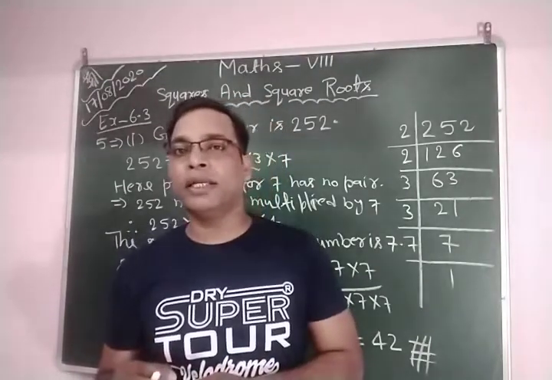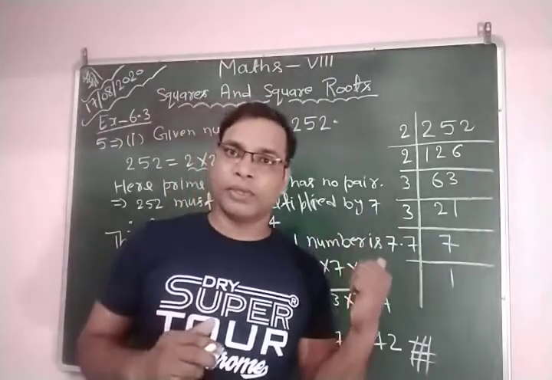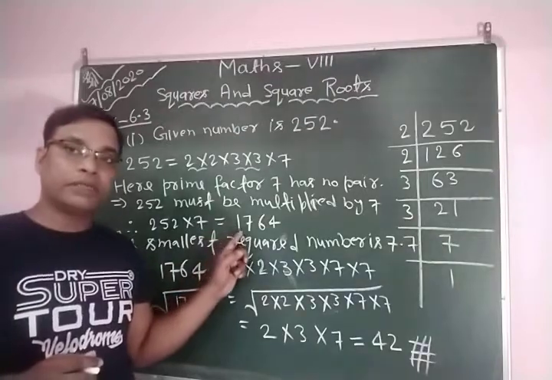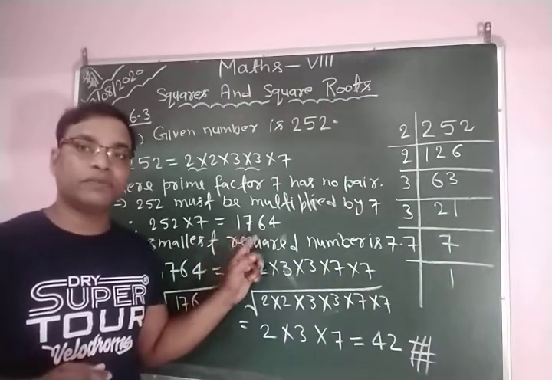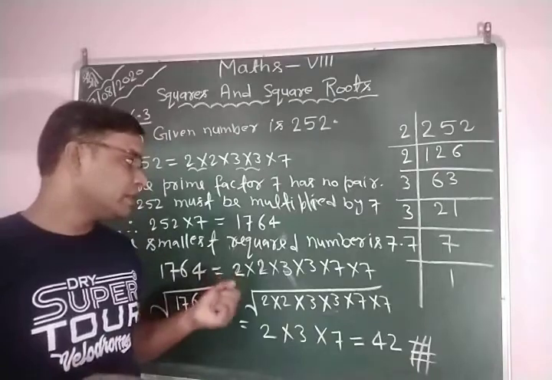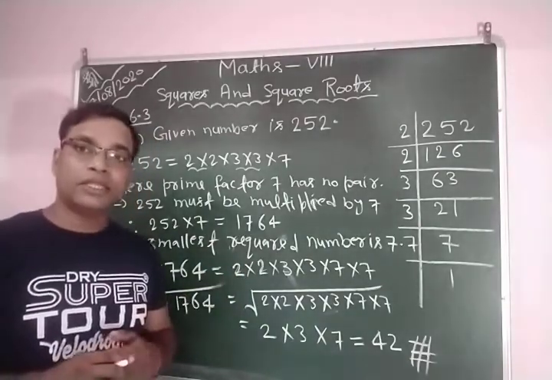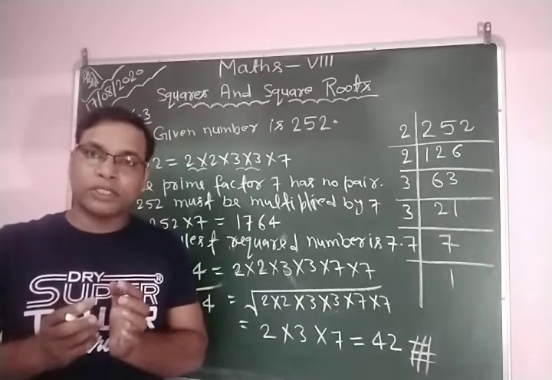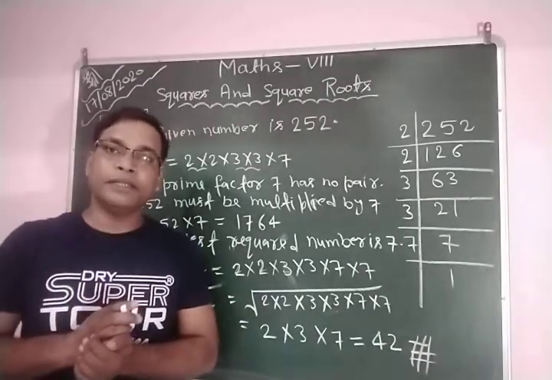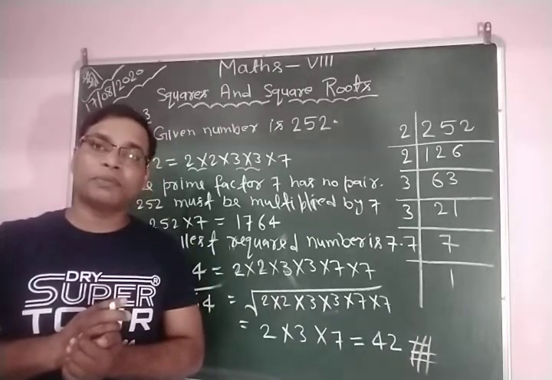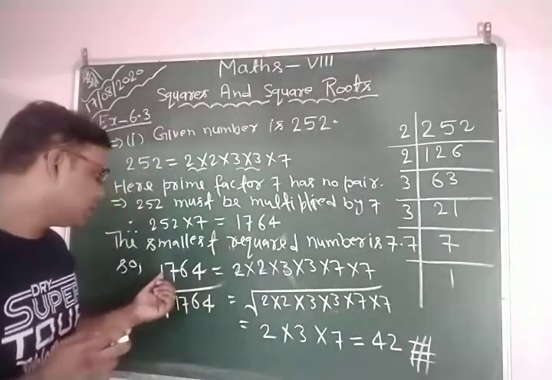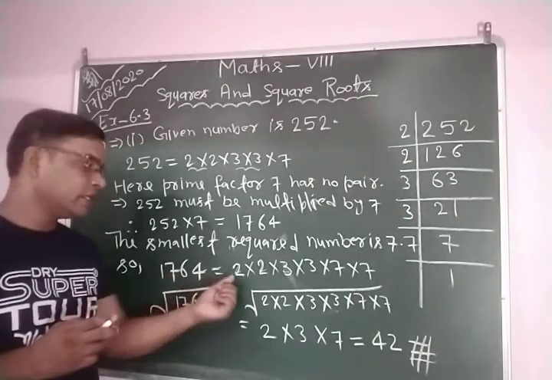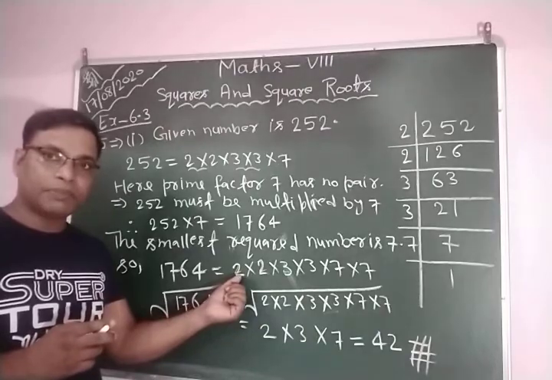Now we need to find the square root of the new number. 1764 is the new number. For this, first we express 1764 as a product of prime numbers.